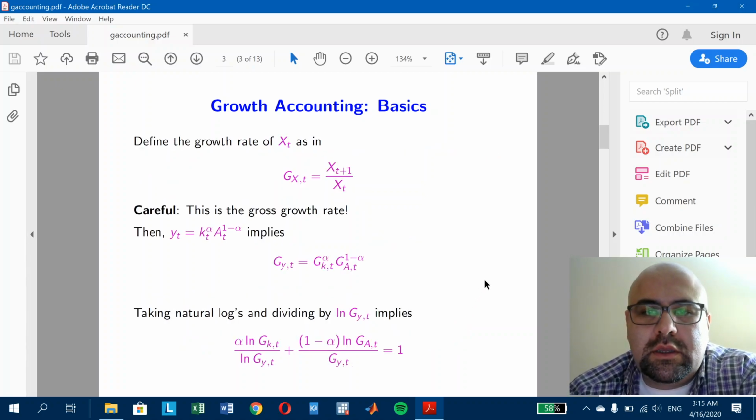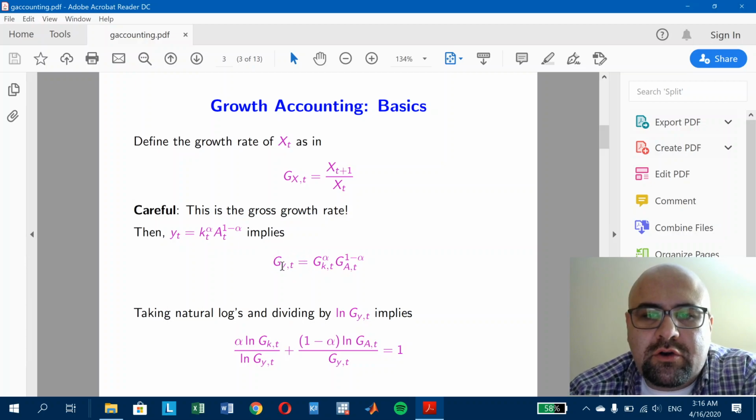Now for growth accounting, let's define the growth rate of any variable x in this way. This is the gross growth rate, not percent. Then that representation of output per capita allows us to write the relationship between growth rates in this way, because there is this multiplicative relationship.